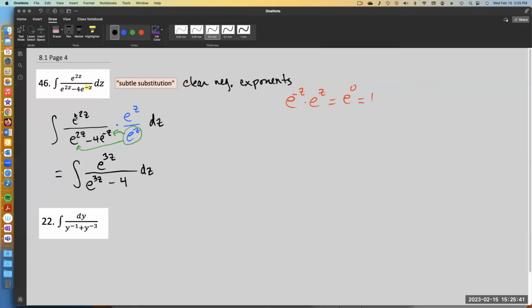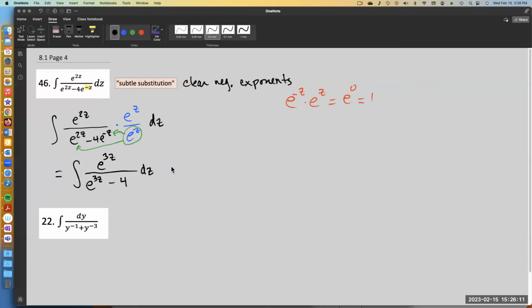You're not going to end up with an e to the 2z and then something you can't combine it with. Down here, we have to multiply up and down by y to the 3. It would not be cool if there was an e to the y up here, because then if you multiply by y cubed, you can't combine them. So we won't see that. We will be able to combine them.